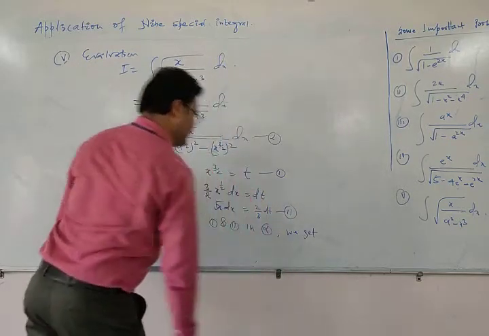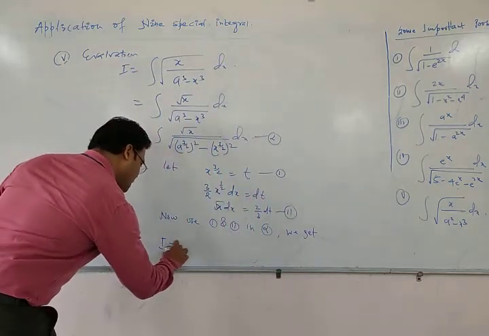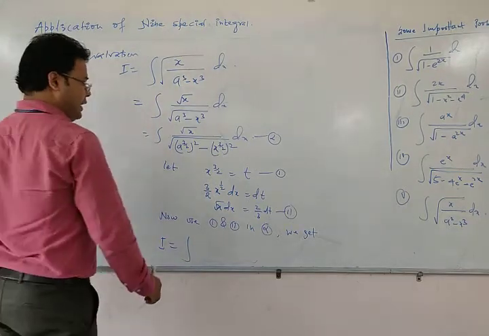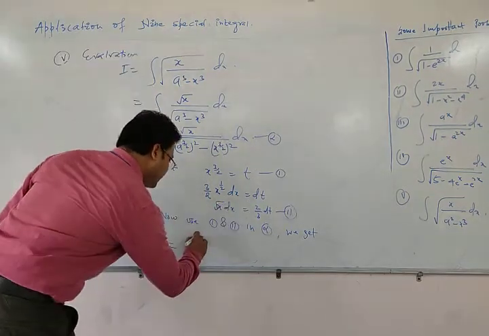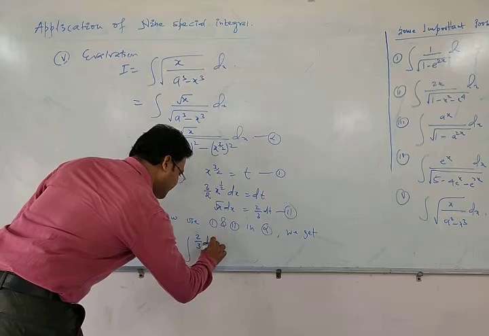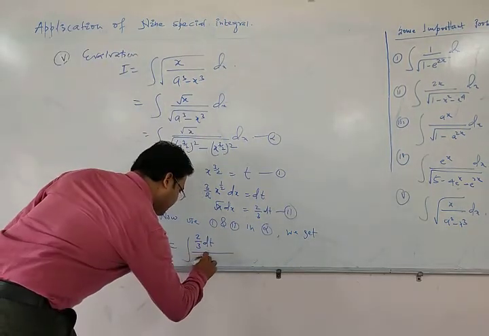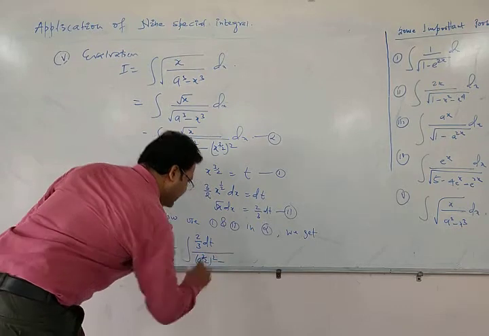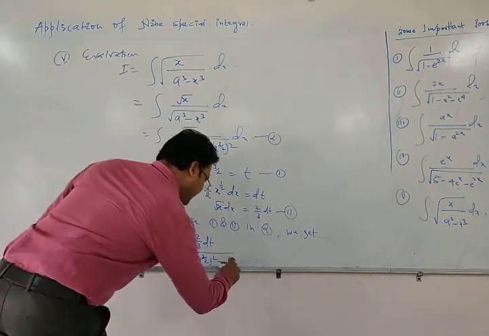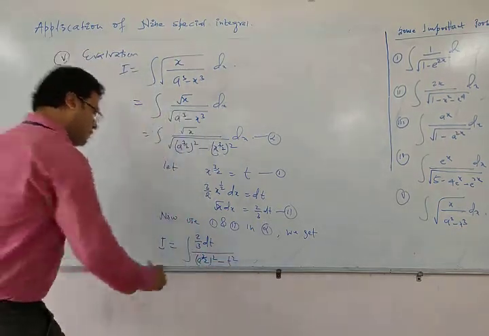We get I is equal to integration of, in place of root x dx you can write 2 by 3 dt, and in place of this you can write a to the power 3 by 2 whole square minus t square, square root.